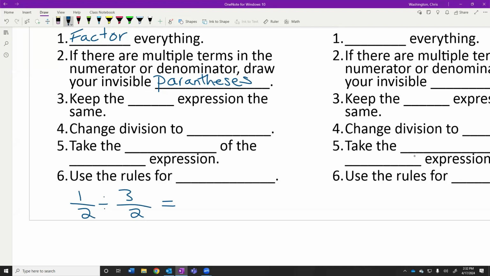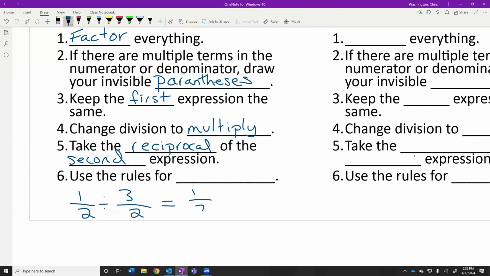We keep the first expression, so we're going to keep the 1/2. We're not going to change it. We're going to change the division to multiply. And then we're going to take the inverse, or the reciprocal, the multiplicative inverse, of the second expression.